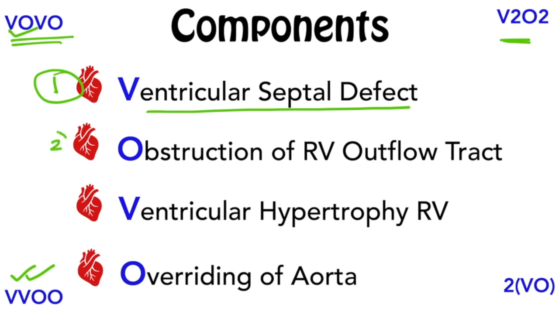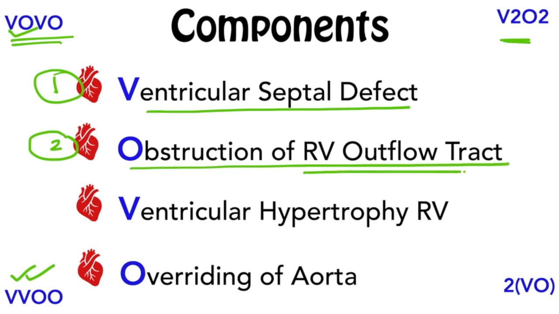Second, obstruction of the right ventricular outflow tract. The right ventricular outflow tract is the outlet of the right ventricle from where the blood ejects into the pulmonary artery. For simplification, in some texts and books, this component is written as pulmonary stenosis. So, from the exam point of view, pulmonary stenosis in tetralogy is similar to right ventricular outflow tract obstruction.